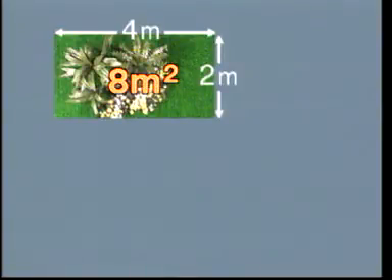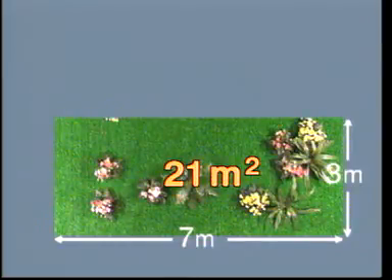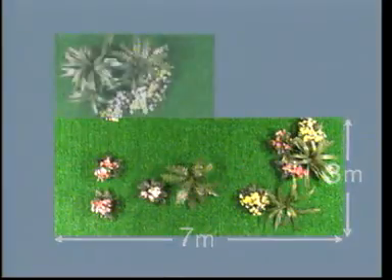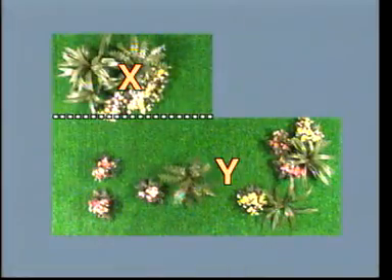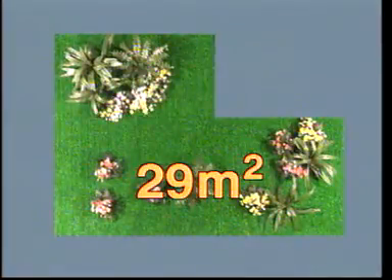That's 8 square meters. The area of rectangle Y is 7 meters multiplied by 3 meters. We get 21 square meters. That means that the areas of rectangles X and Y added together make up 29 square meters.